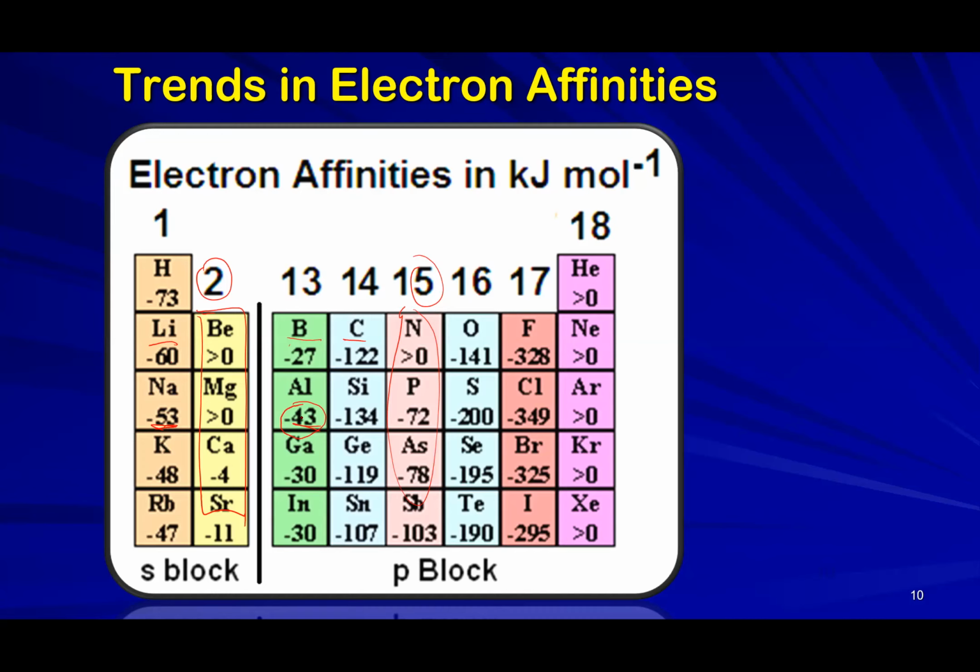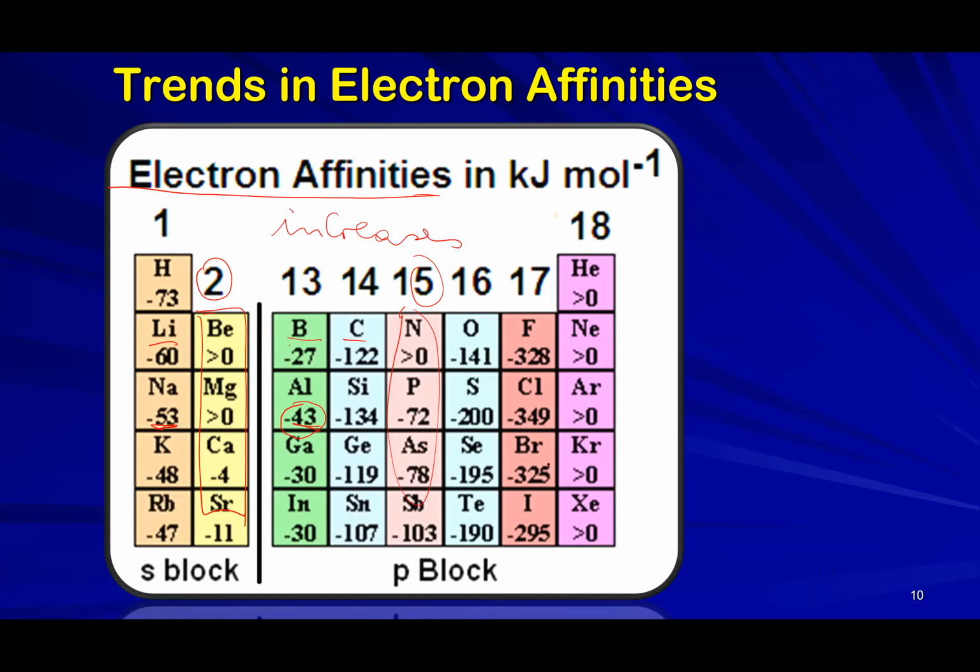As it is strongly attracted, what happens? It will be seen that the energy that will be released when that electron is added and is strongly attracted will increase. So moving across the period, generally, electron affinity increases, with some exceptions, of course.